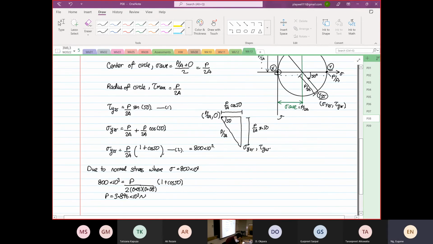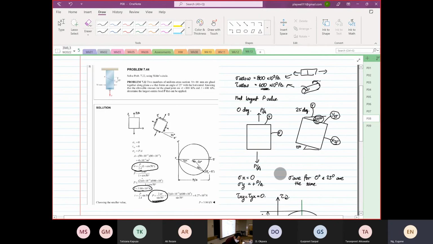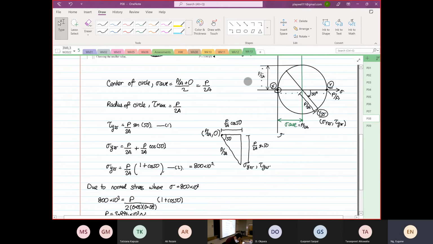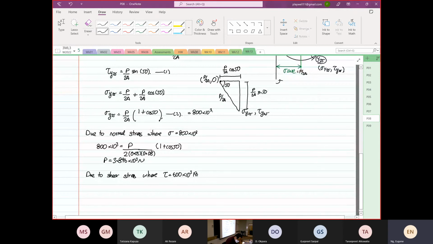And then the other one, due to shear stress, where the allowable is equal to 600 times 10 to the power 3 Pascal. So in terms of shear, it is equal to P over 2A sine 50.